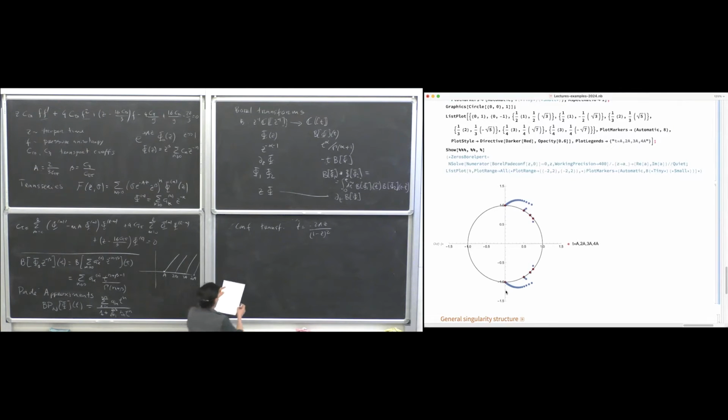Basically, what you have is you're mapping t equals 0 to z equals 0, t equals a to z equals plus or minus i, t equals 2a to z equals 1/2 (1 plus or minus i square root of 3), and so on.